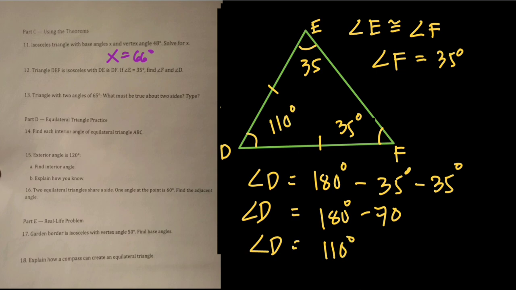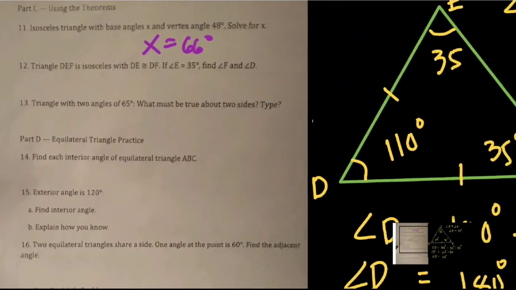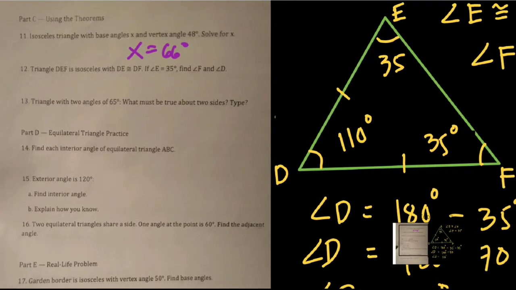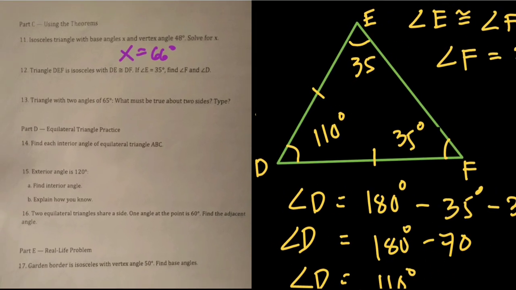So you have to make sure you draw your triangle, because if your drawing is wrong, then your answers are also wrong. See? Triangle DEF is an isosceles with DE congruent to DF, and angle E is 35.